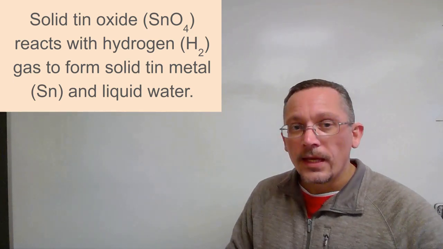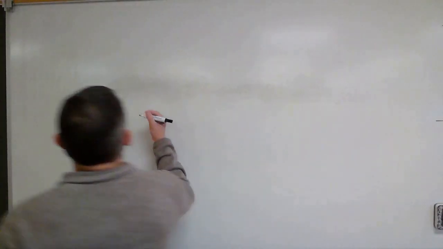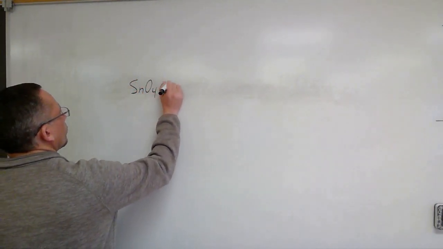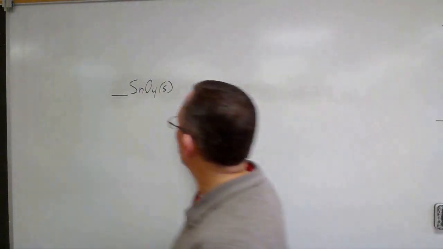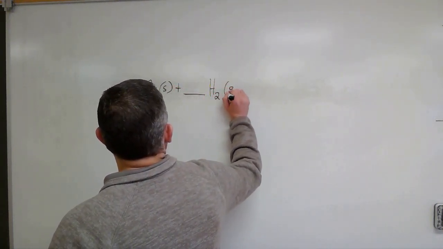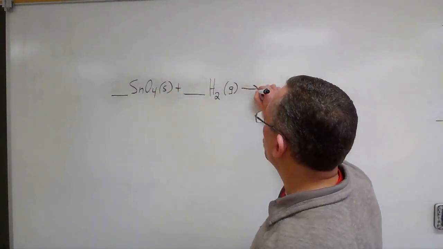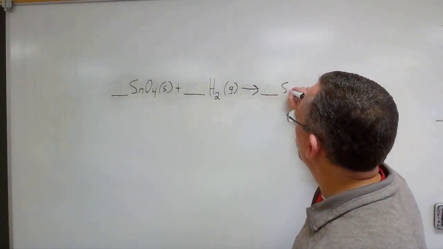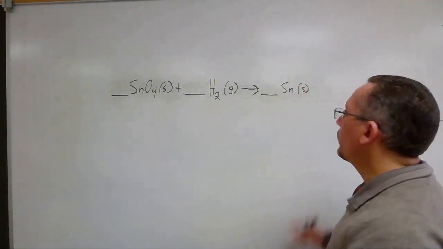So it says solid tin oxide, reacts with hydrogen gas, to form, that's where my arrow goes, solid tin metal, and liquid water.